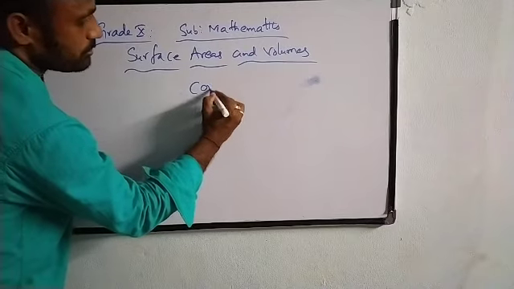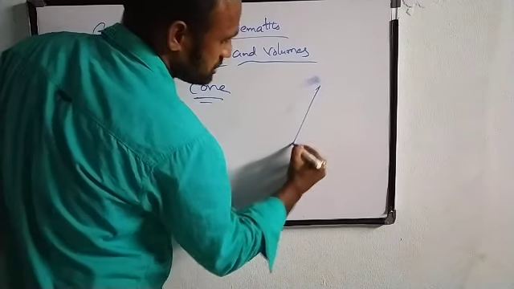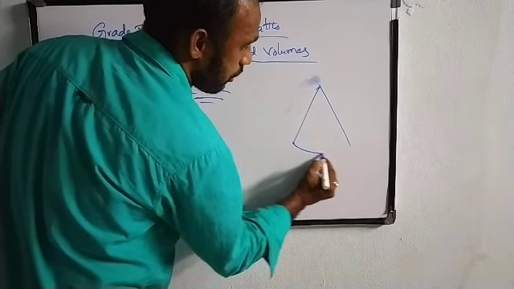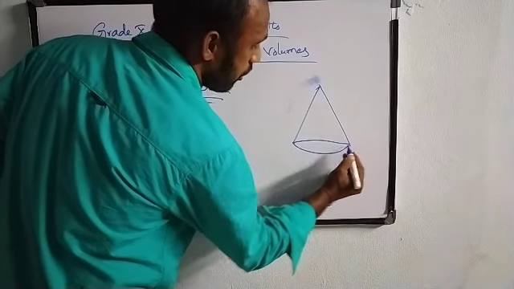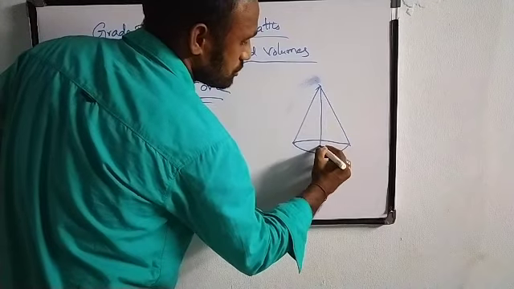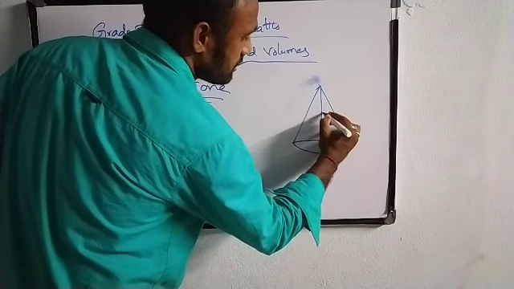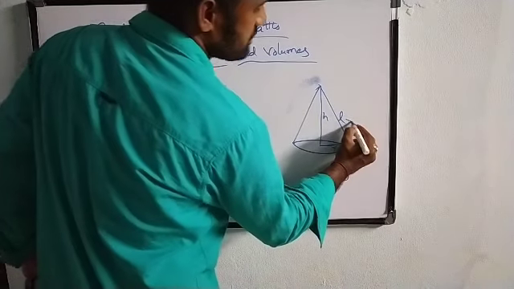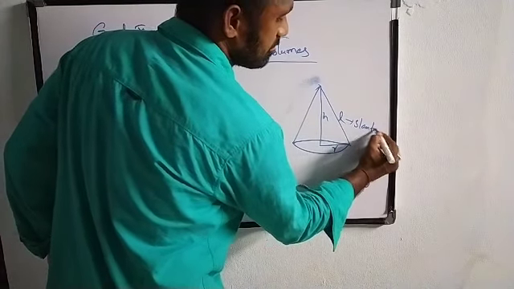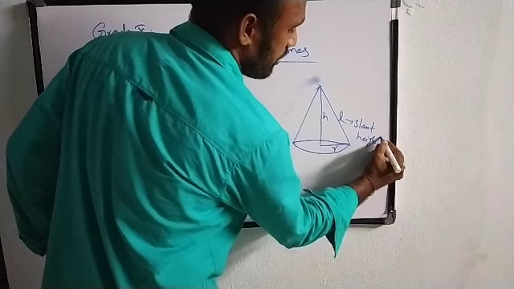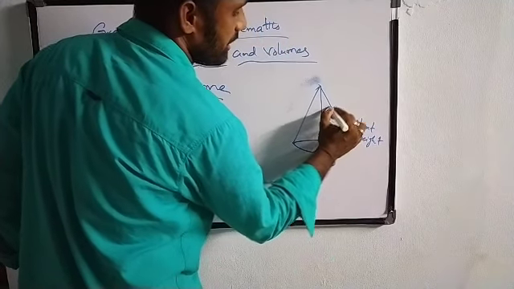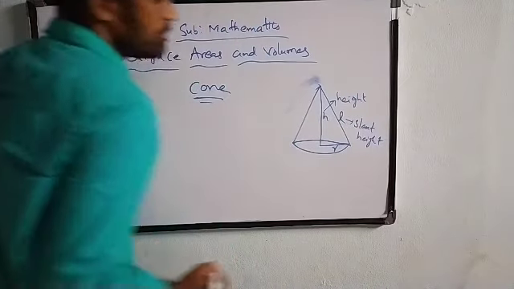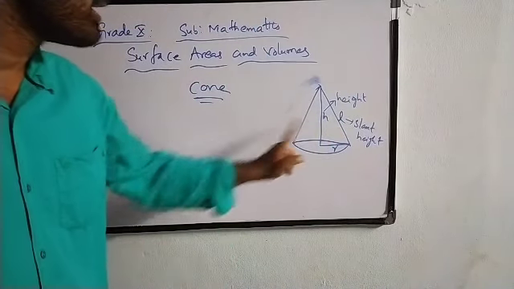Next let us see the cone. So this is the shape of the cone. This is the radius, this is the height, and this is the slant height. We should not get confused between slant height and height.